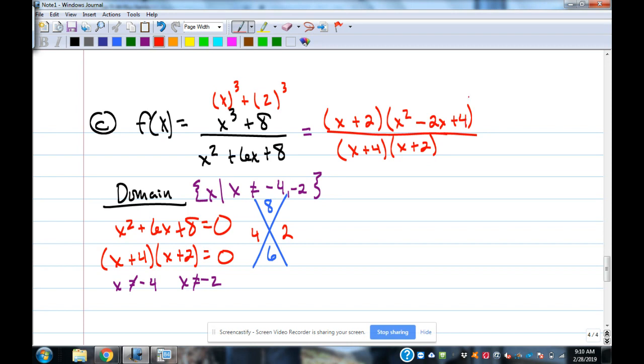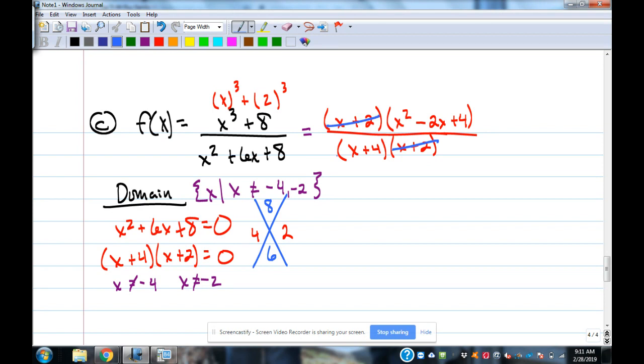Yes, that's right. He's got the pattern right: a sum of cubes is plus, minus, plus on the signs of the factoring. The difference of cubes is minus, plus, plus on the signs. If you don't remember how to factor a sum of cubes, learn to. It's important. Okay, so look at what factor cancels out now.